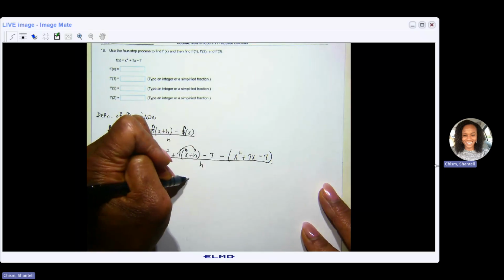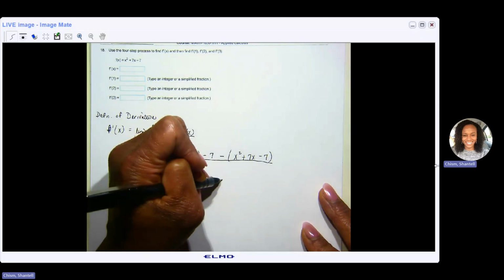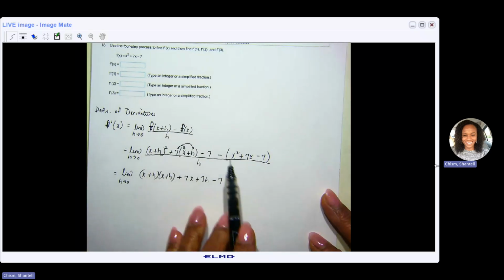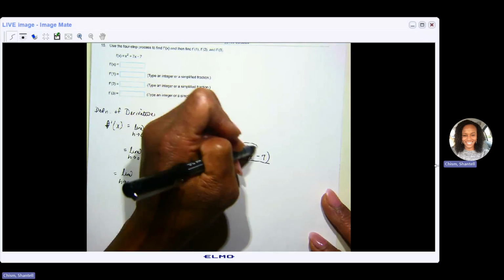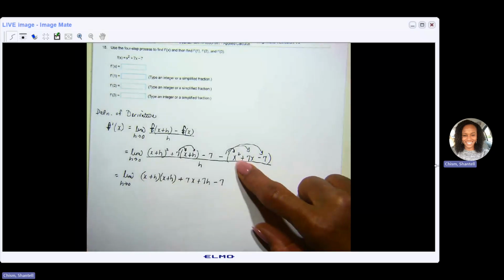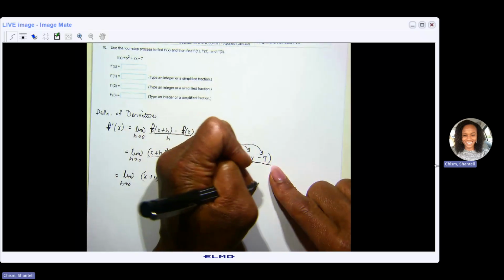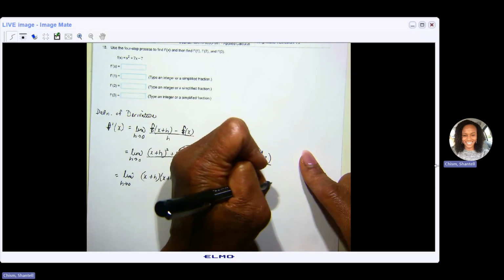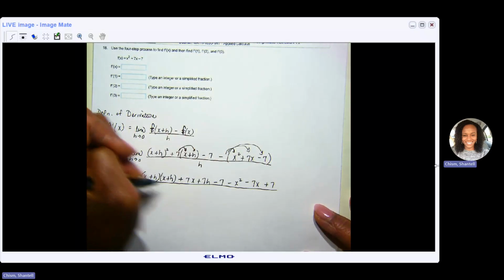So then I've got plus 7x plus 7h, and then I still have that minus 7. And I'm going to go ahead and distribute this minus through as well. That means these signs are going to change when they come down. So that's going to come down as a minus x squared, a minus 7x, and then a plus 7. And that is now all over h.